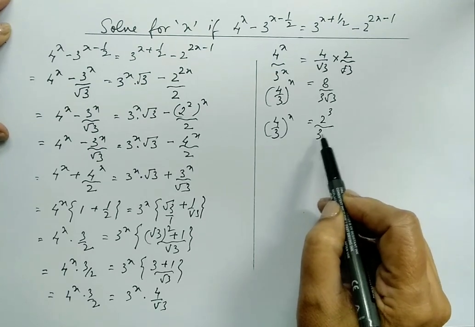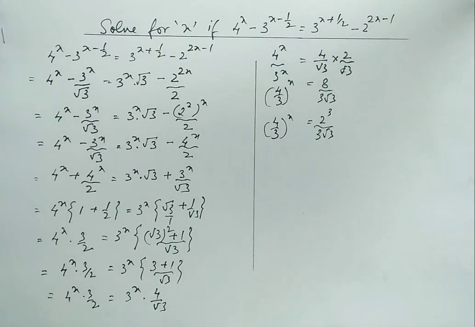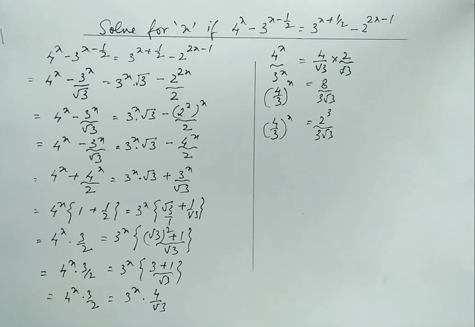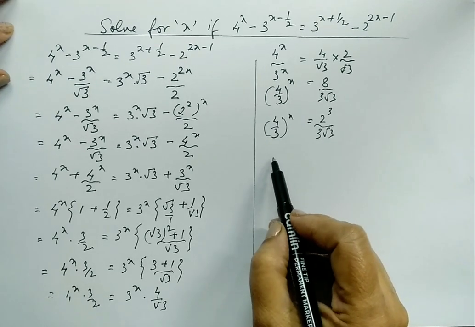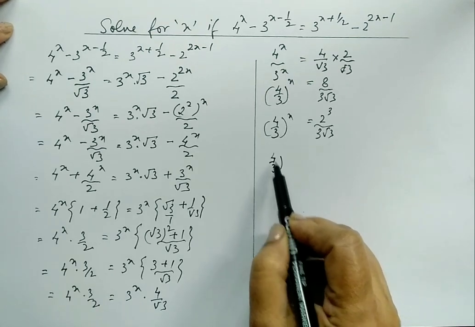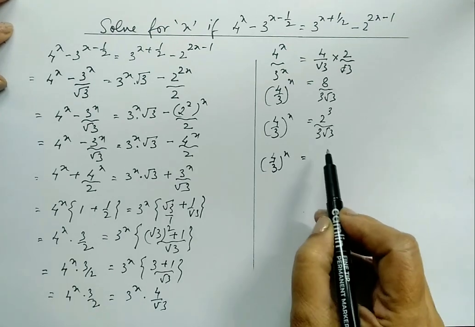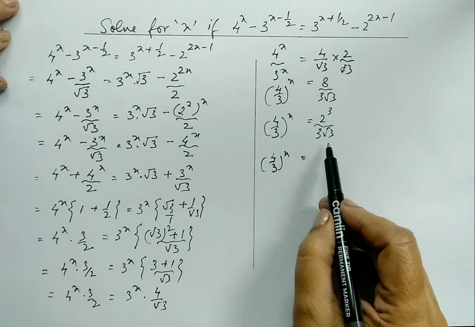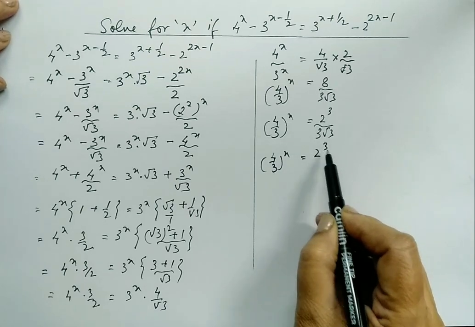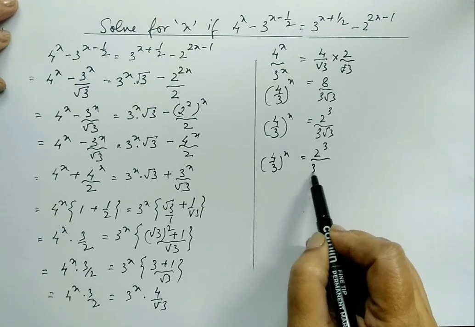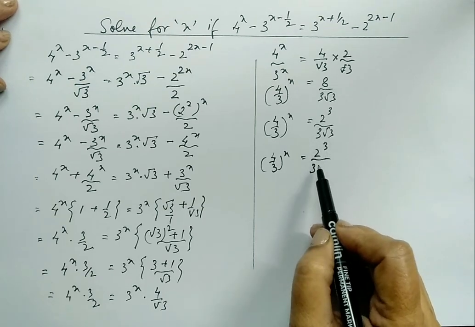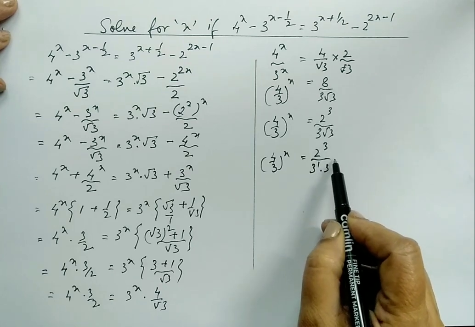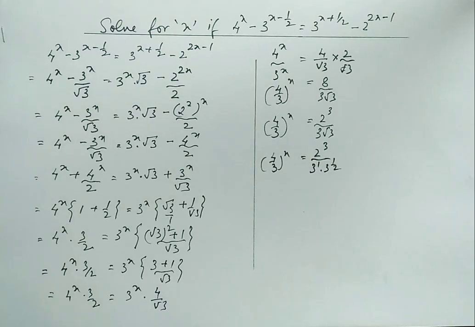And let 3 root 3 be the way it is. Four by 3 having a power of x, and here 2 has a power of 3, but 3 has a power of 1, and this has a power of half.